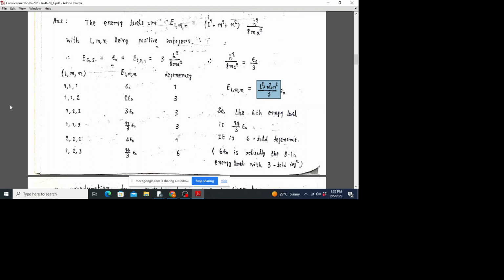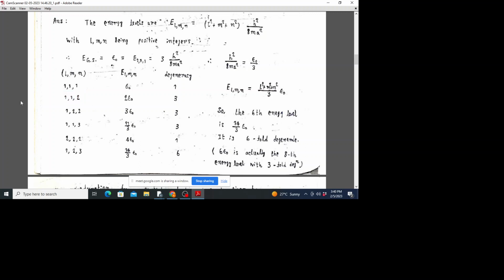Since addition is associative and commutative, instead of 112 we could have used 121 also. Had we used 121, we would have obtained 2 epsilon naught again, because 1 square plus 2 square plus 1 square is again 6, and divided by 3 you get 2.